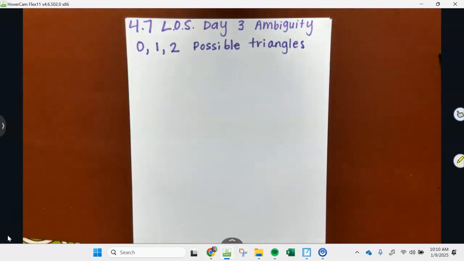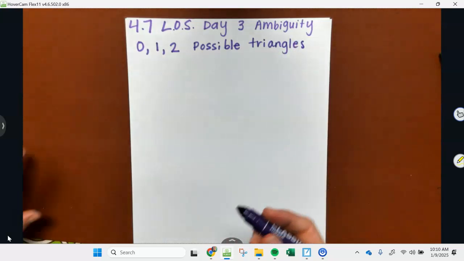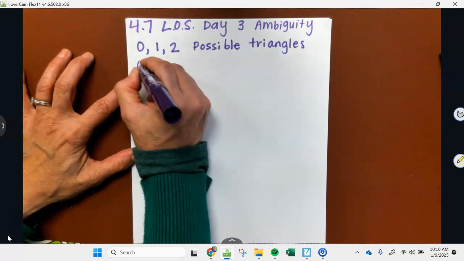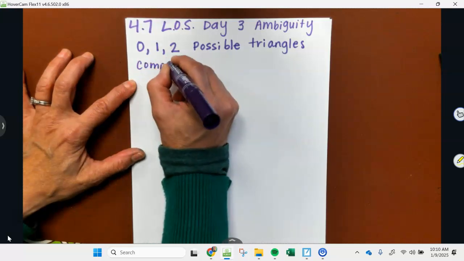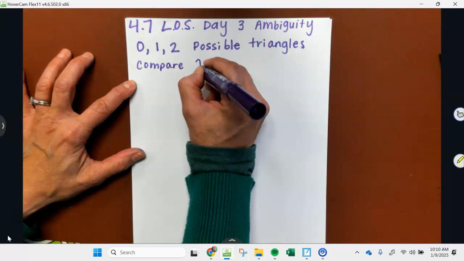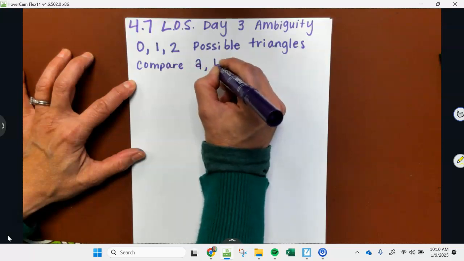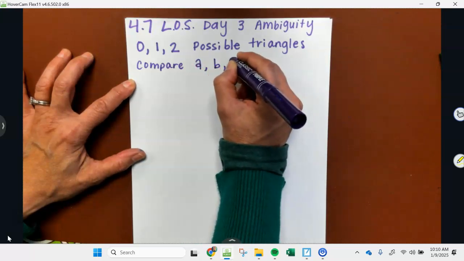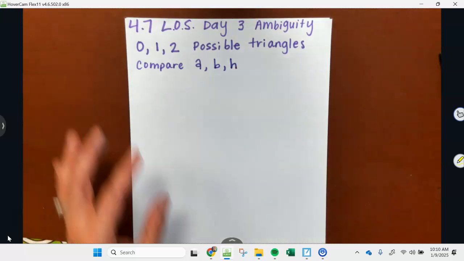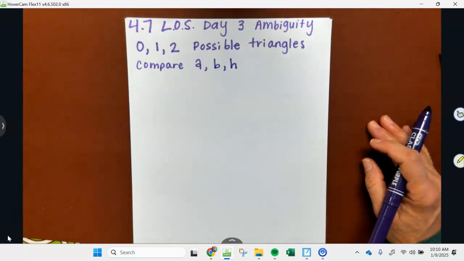And the only way that you can really figure this out is you are going to compare leg A with leg B and also leg A with H. H stands for the height of the triangle, and you have to find the height of the triangle.